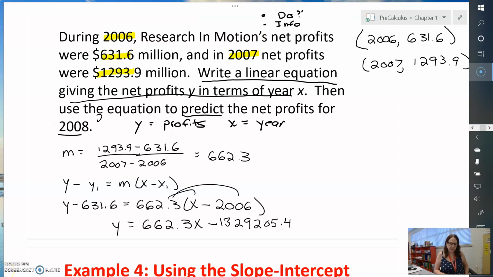All right, so when I did that, this is the equation I got. And now the next thing they asked was the prediction. So I'm going to put in 2008 for x.